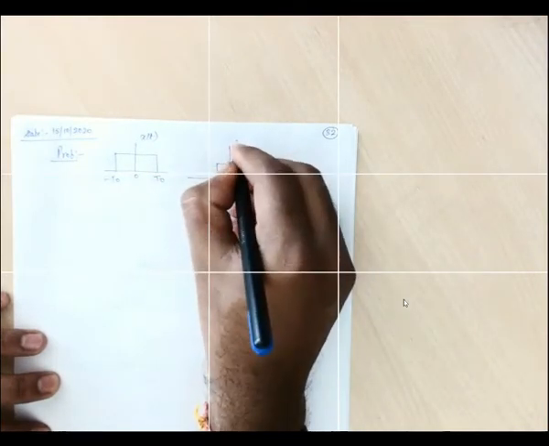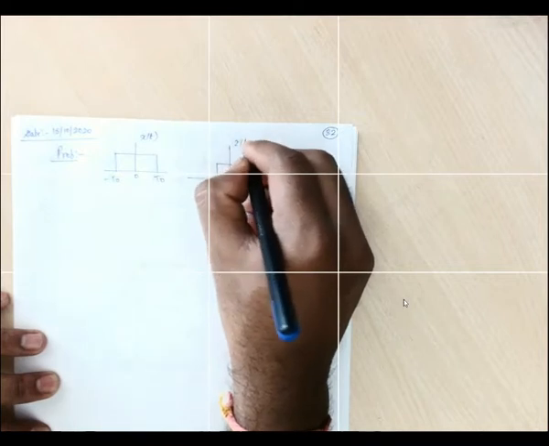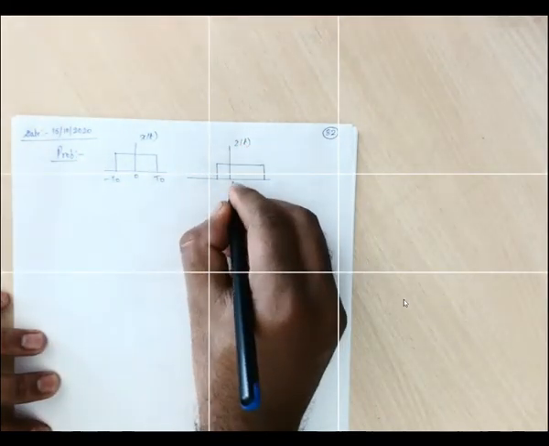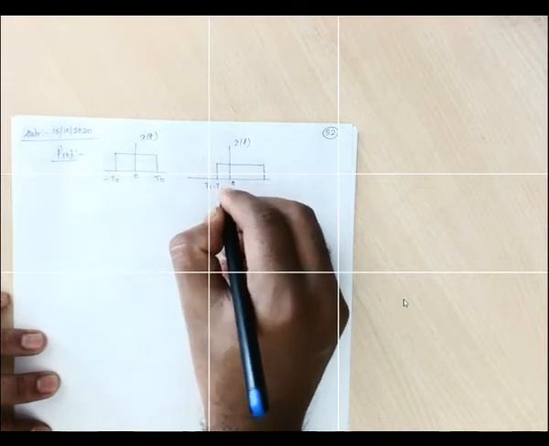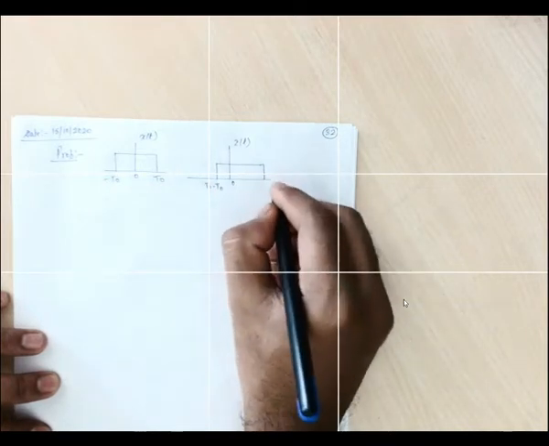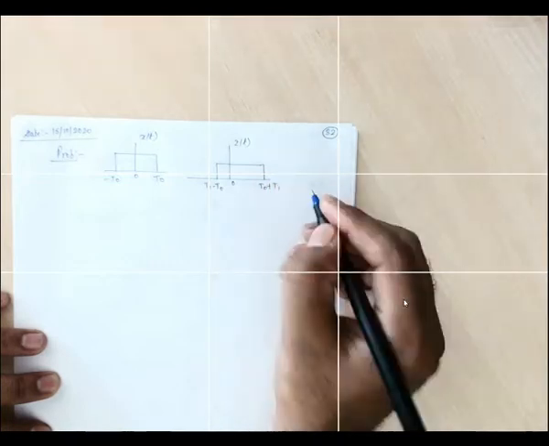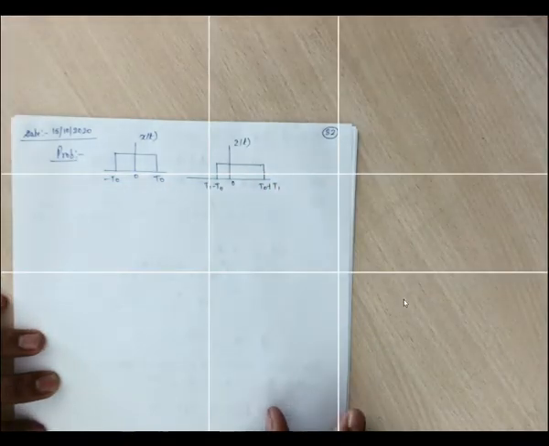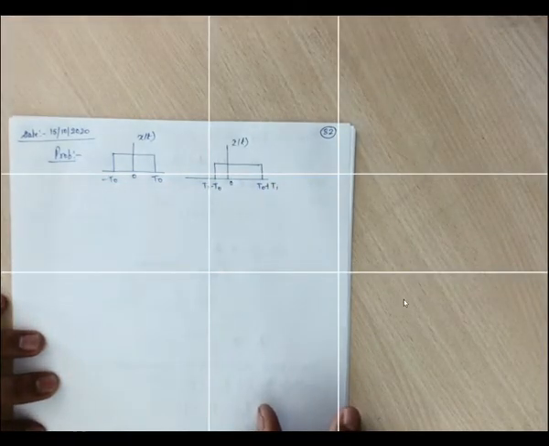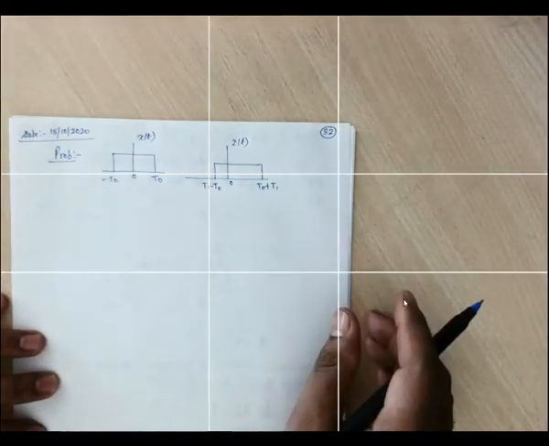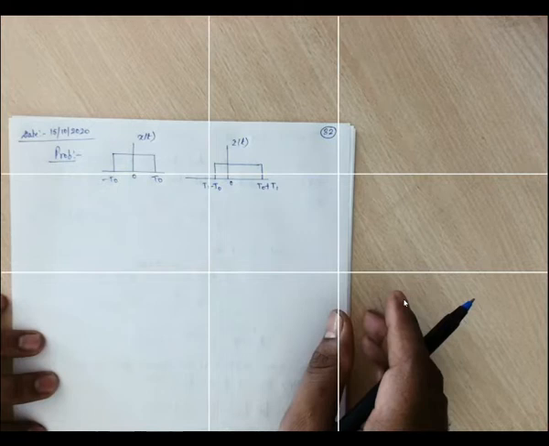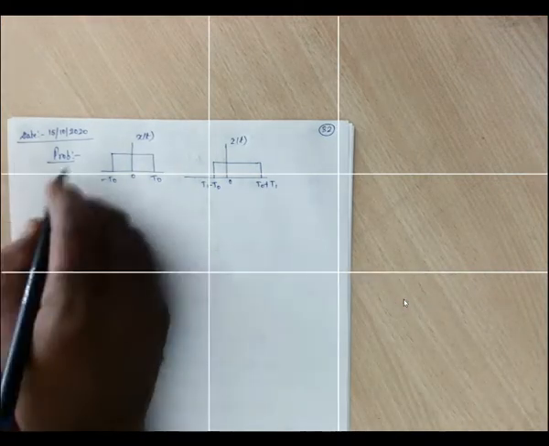So this one is z of t, it is time shifted. So this one now becomes t1 minus t naught, and this one is t naught plus t1. Okay. So using the Fourier transform of the rectangular pulse x of t, we need to determine the Fourier transform of a time shifted rectangular pulse z of t.